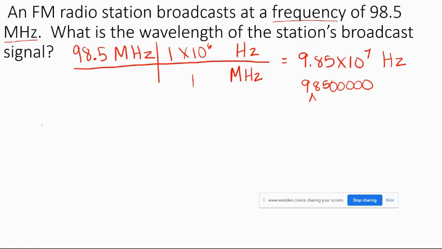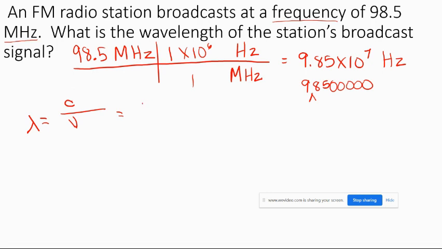We are solving for wavelength, just like we did in our previous problem. So that is the formula we are going to use. And now I start subbing in my known values.